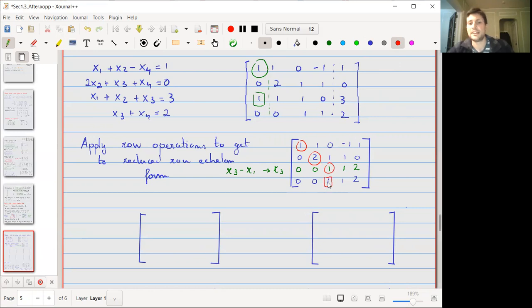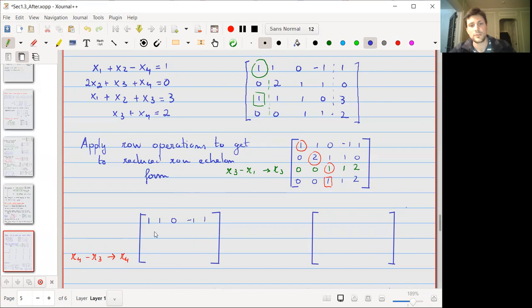We cannot have a leading entry on the third column in the fourth row. So the way we can solve that is by replacing our fourth row with itself minus the third. We'll subtract the third row from the fourth, and in doing so, this is what happens.